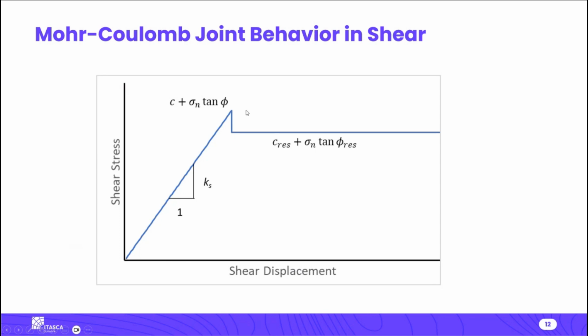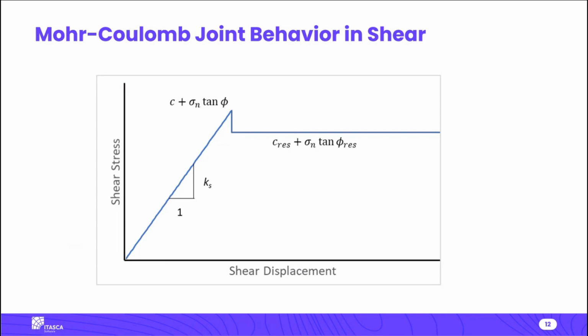By default, the residual cohesion is 0. So if you specify some cohesion to this thing, and you don't specify a residual cohesion, it defaults to 0. And what you'll see is a weakening behavior here. So you'll see an instantaneous drop in strength from some peak strength to some residual strength, because by default, the residual cohesion is 0. By default, the residual friction is equal to the peak friction.